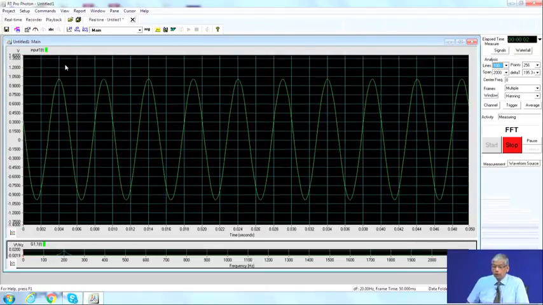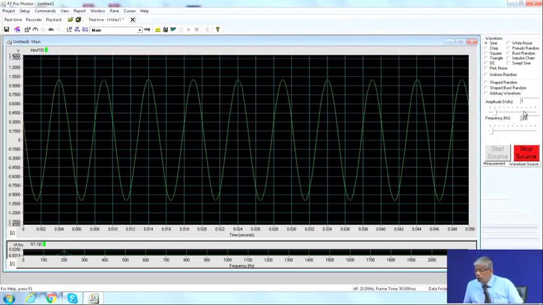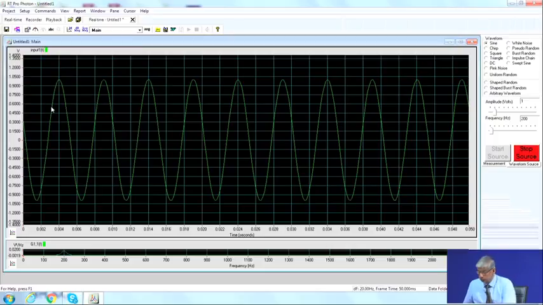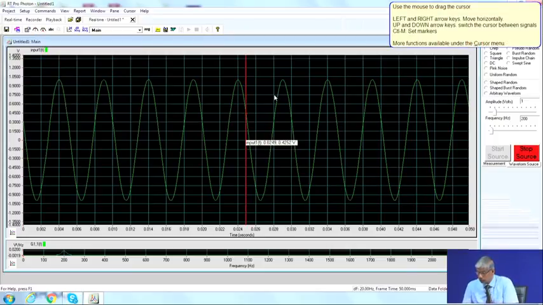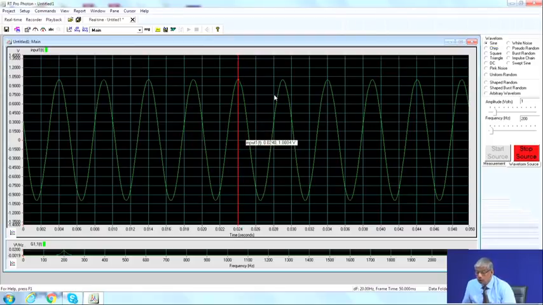You see this is a sine wave of about 1 volt peak amplitude. I can measure it through a cursor here. This is about 1.004 volts.